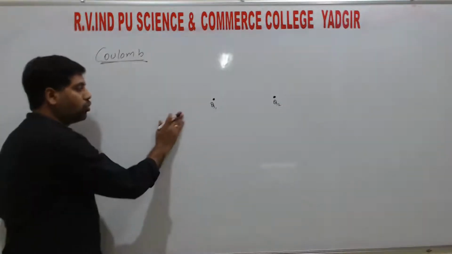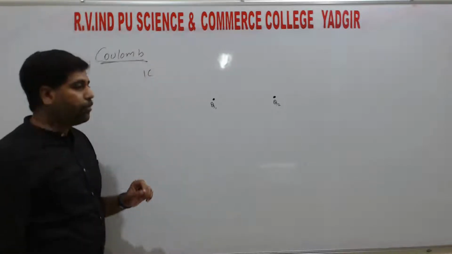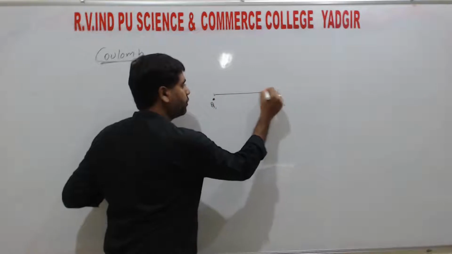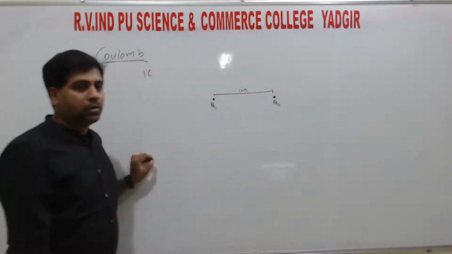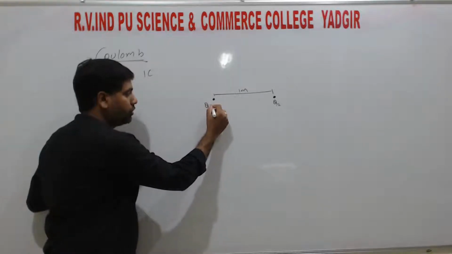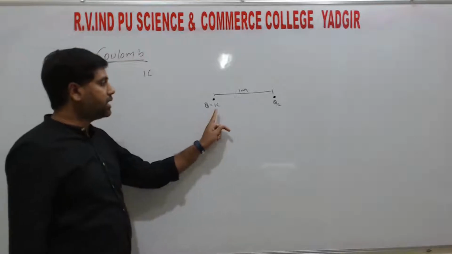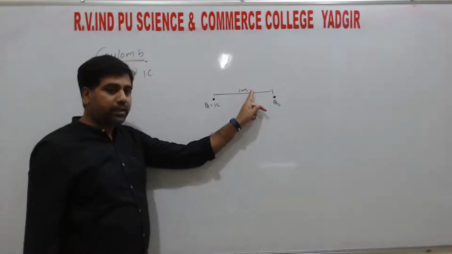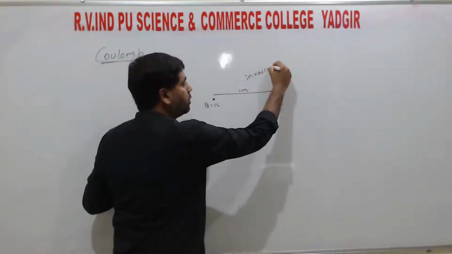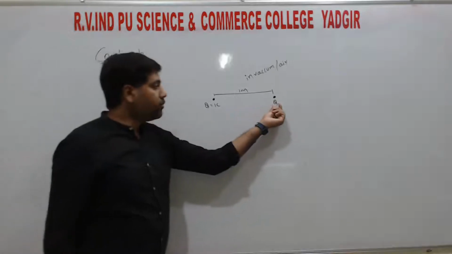Coulomb is a charge: 1 Coulomb of charge placed at a distance of 1 meter. If we call this 1 Coulomb, taken Q equals 1 C, then 1 Coulomb is a charge placed at a distance of 1 meter in vacuum or air, from the same charge.